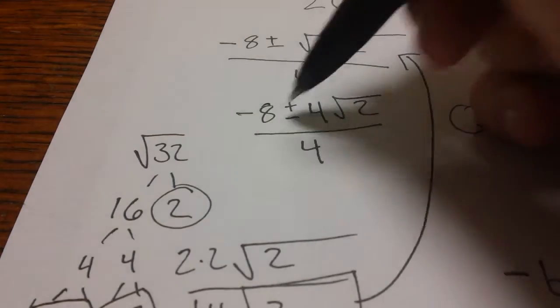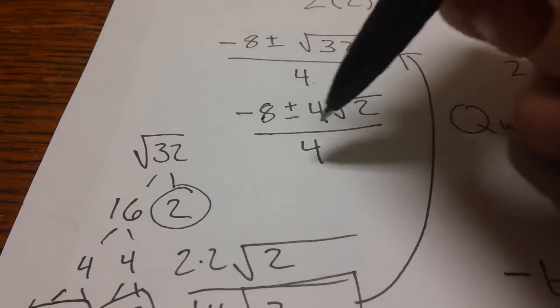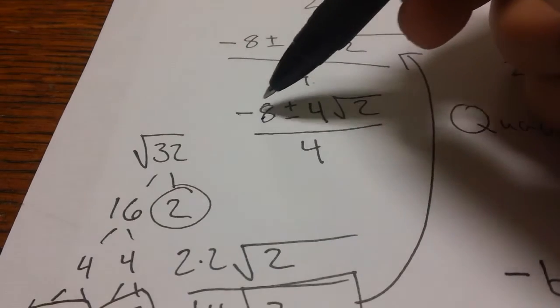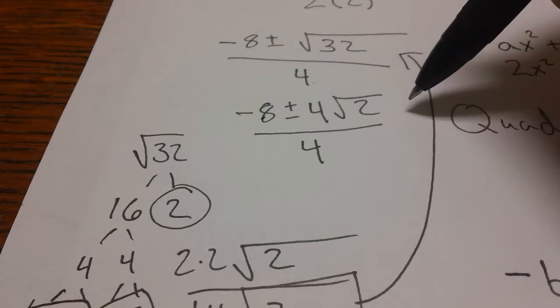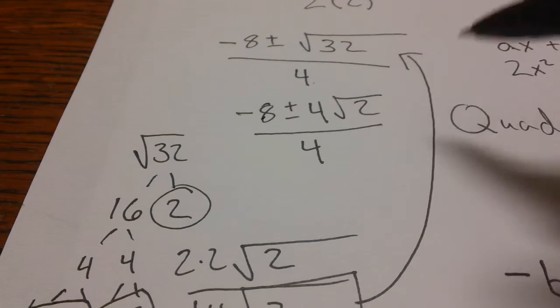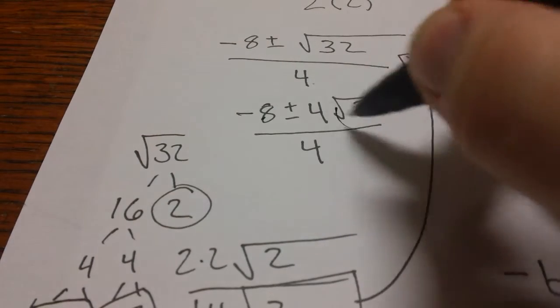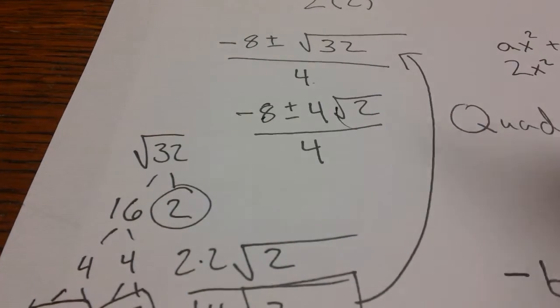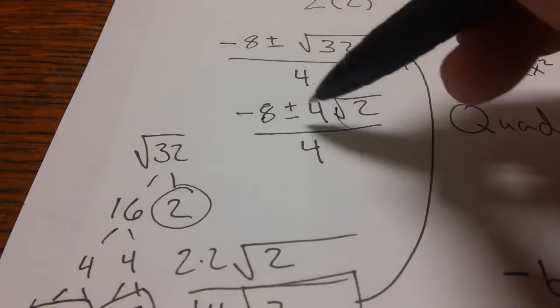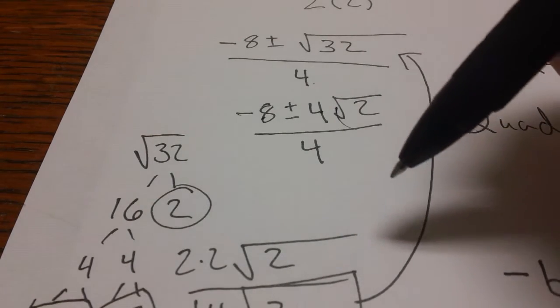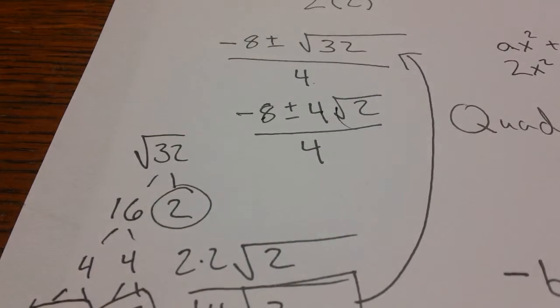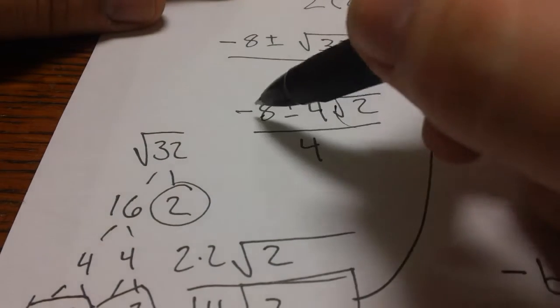The key is, though, we have to simplify both of them with the denominator. We can't just take -8 over 4 and then leave this 4 square root of 2 back there. Now, we don't ever change what is in that square root. That square root of 2 is always going to be the same, but we can simplify the 4 outside of it. So, luckily, these are both going to simplify in a similar manner, right?